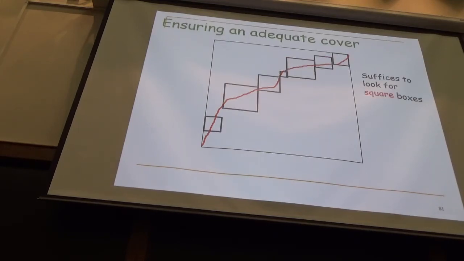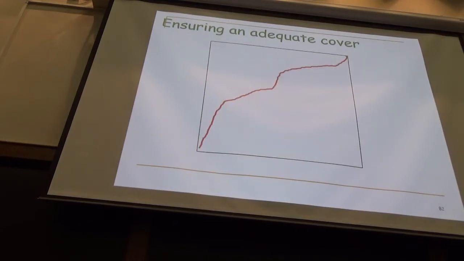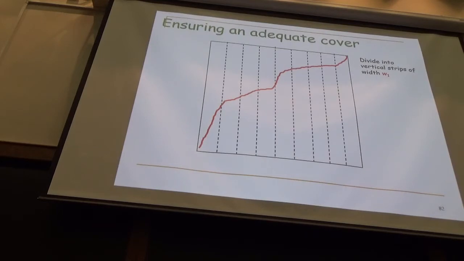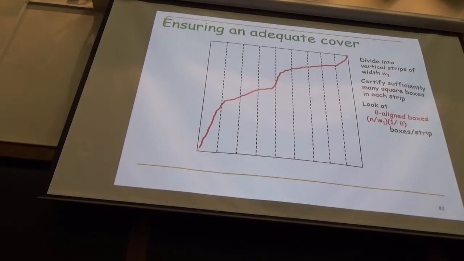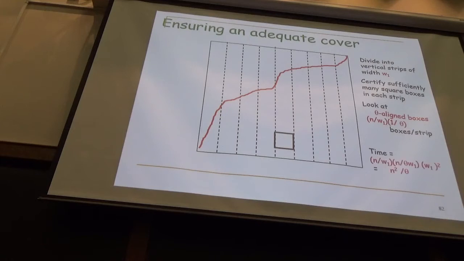It suffices to look for square boxes, so we'll restrict attention to square boxes. We're going to divide this whole thing into vertical strips of width w1, and we're going to try to certify sufficiently many square boxes in each strip. In each strip, we can just shift the vertical interval and look at every one of these boxes.